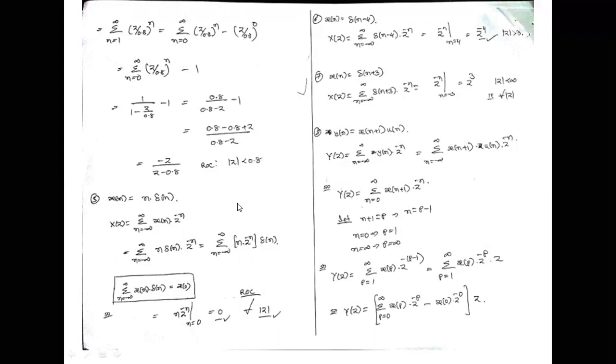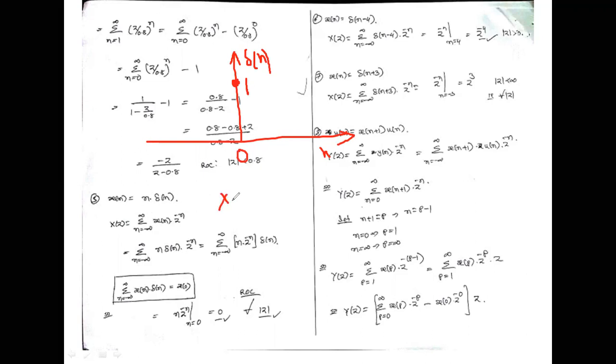n into delta of n. What is the delta of n? Delta of n has only one value, either the continuous function or the discrete function. Discrete and continuous are represented the same way, 1 for delta, with the change of variable from t to n in the discrete. Okay. The given function is n into delta of n.